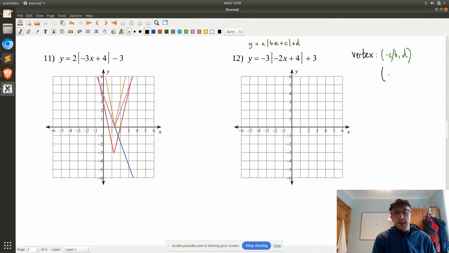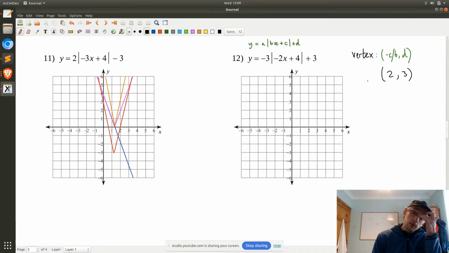So it would be minus 4 over minus 2, which is 2. And then 3. So it's like you get the x-intercept of the inner linear and the y-intercept of the outer linear. That's how you get the vertex.